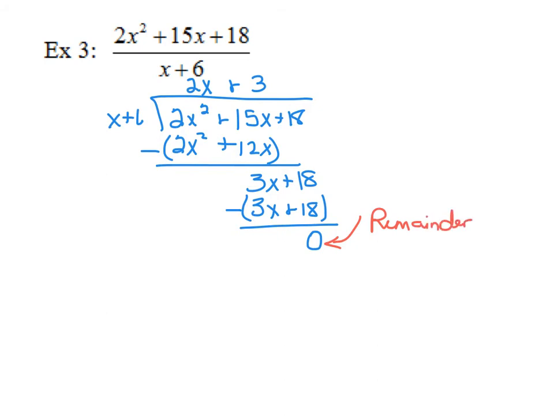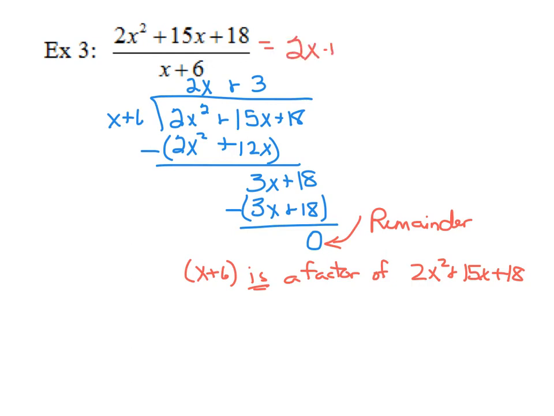First of all, since there's a 0 remainder, this then tells me that x plus 6 is a factor of my original polynomial, 2x squared plus 15x plus 18. It also tells me that when I write down my quotient, it is just the binomial 2x plus 3. There's no remainder left, so my answer is just the binomial 2x plus 3.